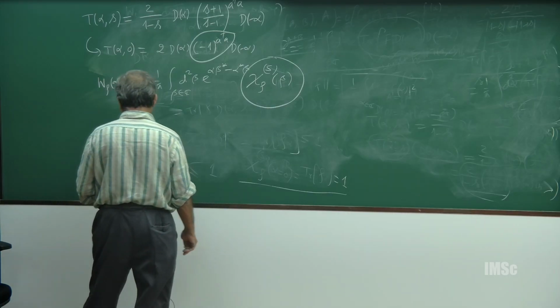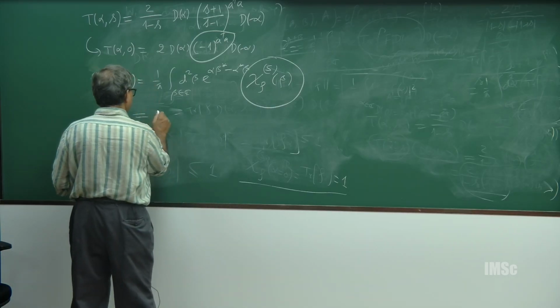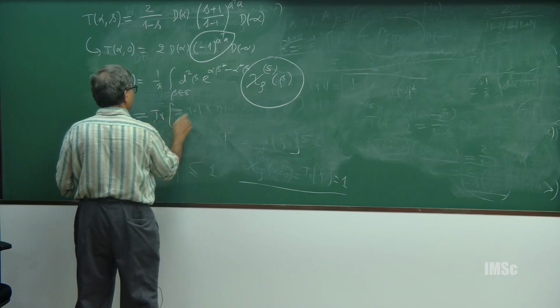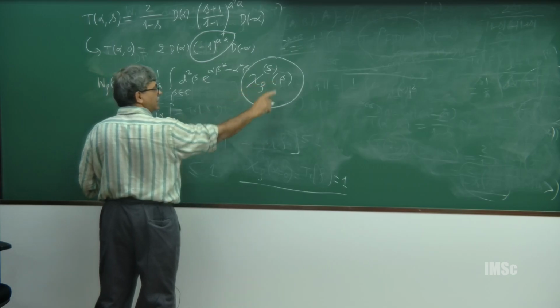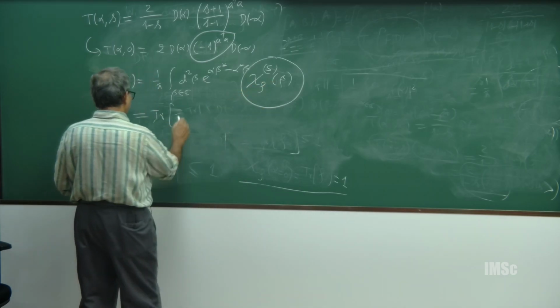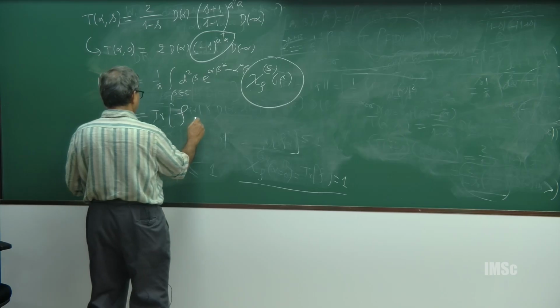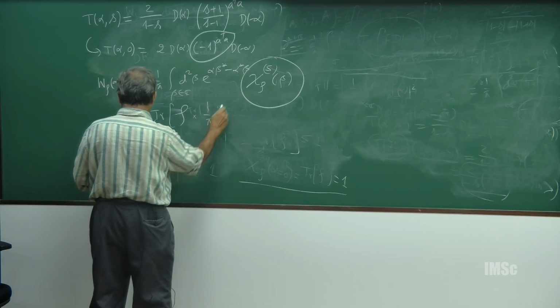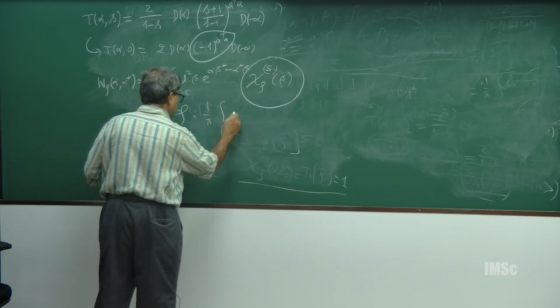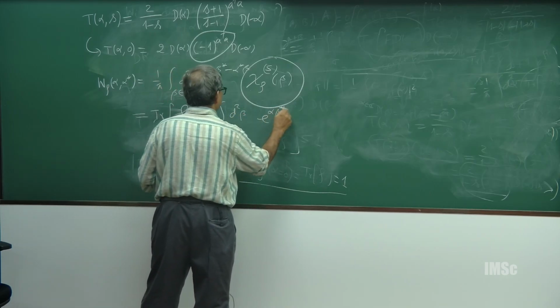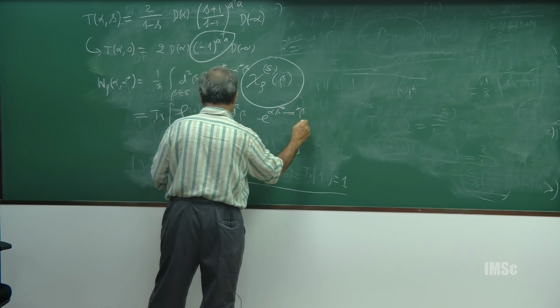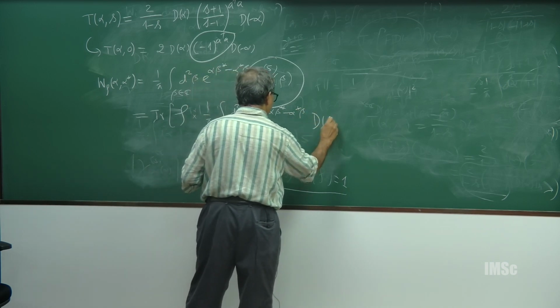So, what you will have is the trace of rho times 1 upon pi integral over beta belonging to C, d square beta, e to the power alpha beta star minus alpha star beta, then D of beta.